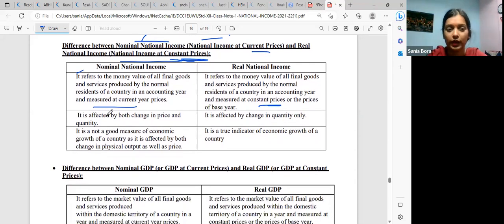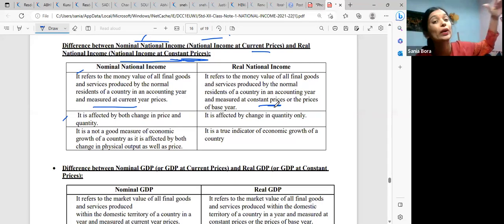Yes, ma'am. Okay. Nominal is affected by both change in price and quantity. See, it is current. So if the quantity is less, automatically the prices will rise, right? And also, if there is a change in price, earlier it was 10 or 20, now you have to change it. So it is affected by both change in price and quantity. But real is not affected. For example, the base year, right now it is 2023, but I am taking the price of 2020.